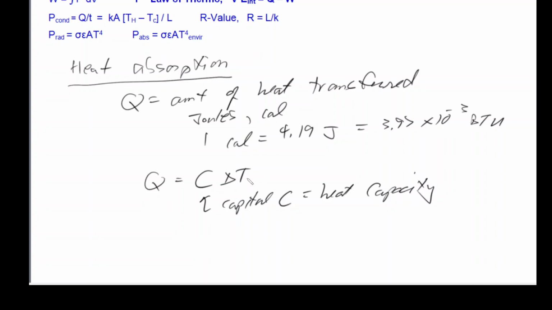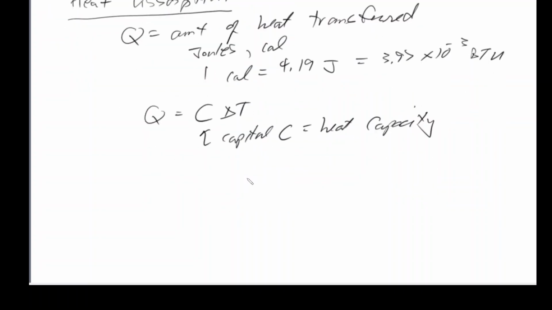But a more massive body will absorb more heat than a smaller body. So we can get more specific about heat absorption or loss using the specific heat, which is the heat capacity per unit mass. So in this case, Q is equal to little c times mass times delta T, where little c is the specific heat.